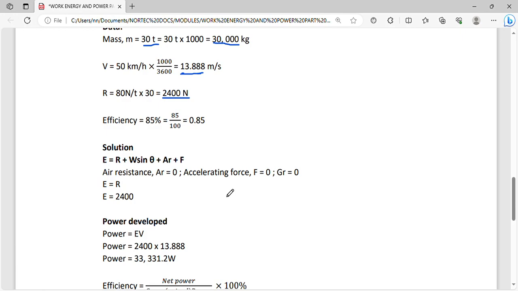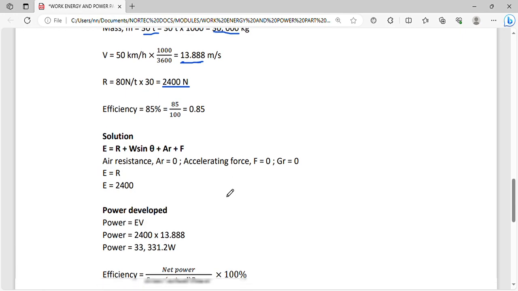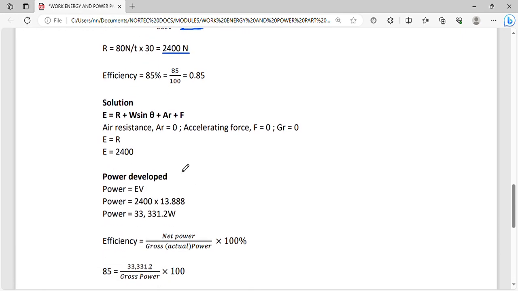The next thing we can do now is just to make sure that we get the general formula together, which in this case is the tractive effort equals the resistance R plus W sin theta, added to the air resistance AR, and then plus F. In other words, we are saying the resistance to motion, the resistance because of friction, plus the other resistance because of the gradient, plus the other resistance due to the air, plus the other opposing force due to a machine or the body accelerating, increasing its speed.